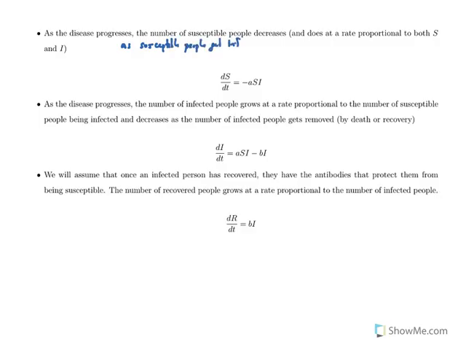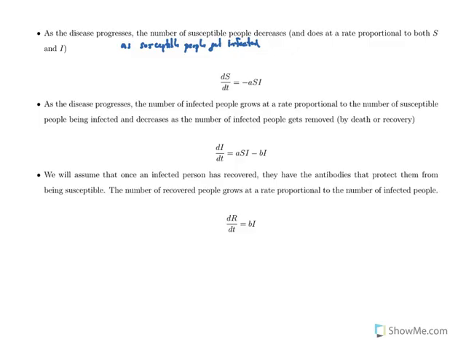There's no way that the number of susceptible people can increase because it's already the biggest number at the start. So it's just going to decrease, and it's going to do so at a rate proportional to both S and I. If you have a large number of susceptible people, it can decrease further. And if you have a lot of infected people, that's also going to influence how fast this is going to decrease.